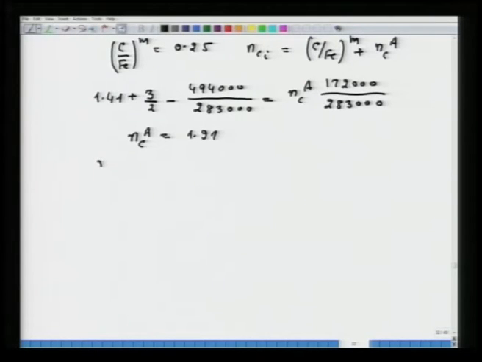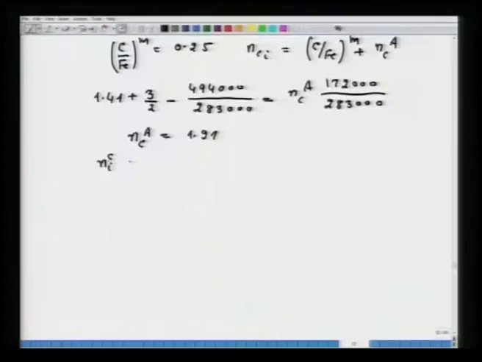And we know the equation, NIC, that is the total carbon per mole of iron, will be equal to 0.25 plus 1.91, that is equal to 2.16.